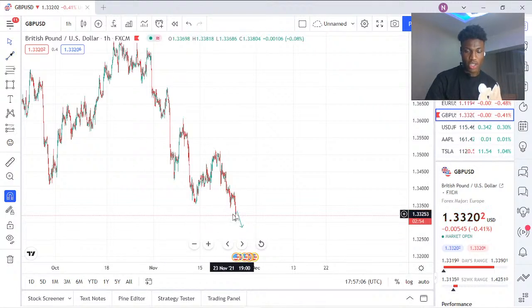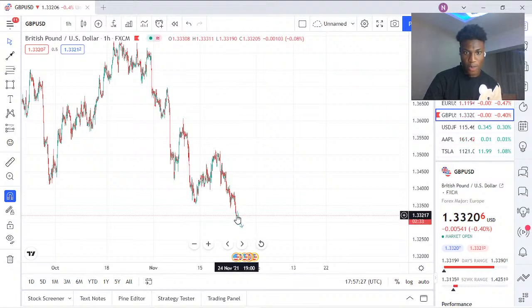Let's say I want to hop into the market right here, but if I hop in here, it could go down a few more pips. So instead of hopping into the market here, I place a pending order. The pending order doesn't execute until market price has gotten to that point.